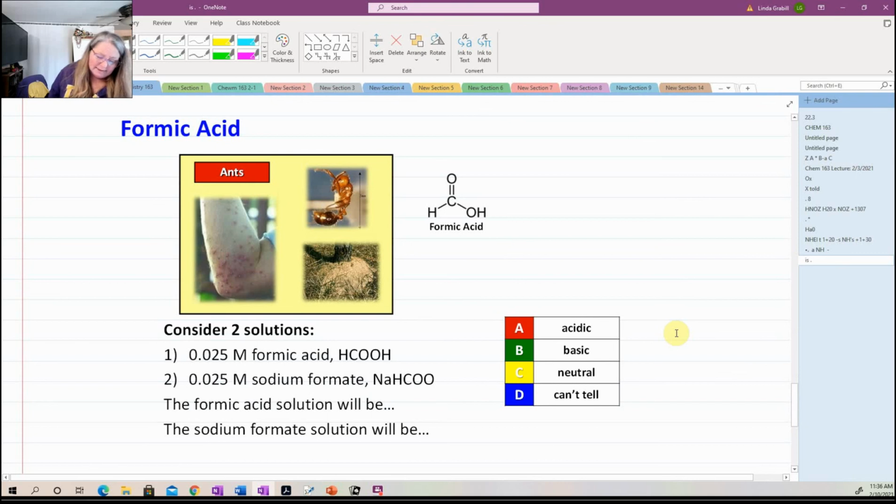The formic acid, it's this thing that happens when ants bite you, that nasty little ant bite that hurts like a Dickens. And I want to look at what's going to happen if I have formic acid, that's this HCOOH, and sodium formate. So tell me, is the formic acid solution going to be acidic, basic, neutral?